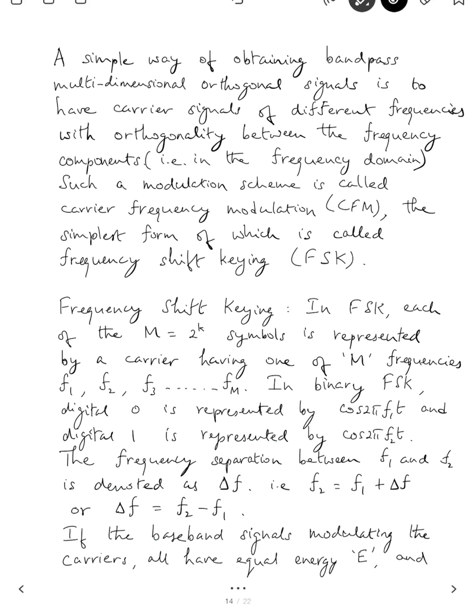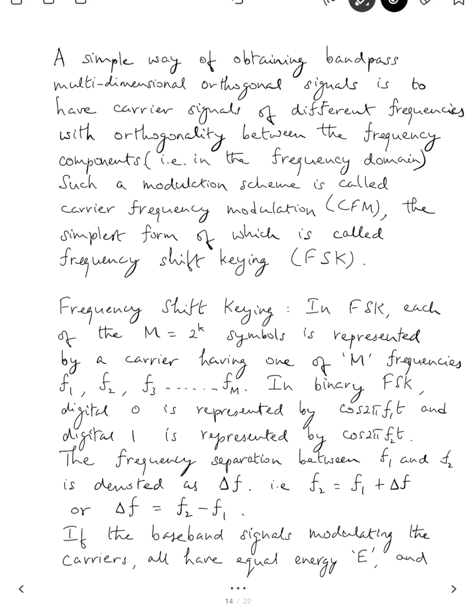By choosing appropriate frequency separation or frequency values between the signals, we can make them orthogonal with respect to each other. So that would be a simpler way, rather than starting off with the baseband signal and then multiplying by a carrier. We start off directly with producing carrier signals of specific frequencies, but the trick is to choose the frequencies in such a way that the carrier signals become orthogonal to each other.